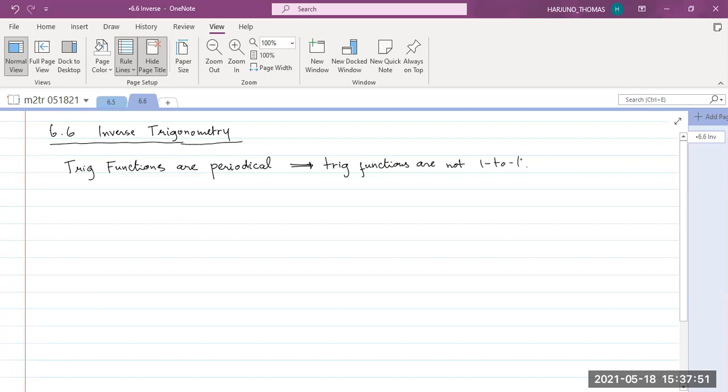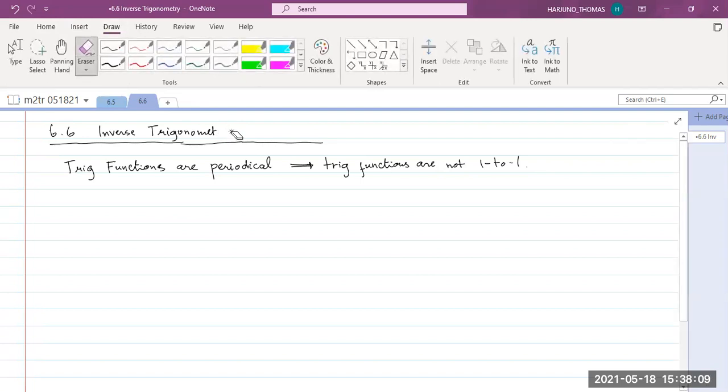So it is not possible to create inverse trig functions without doing something to make them one-to-one first. Okay, they are not one-to-one. So one way to make them one-to-one is to restrict the domain.